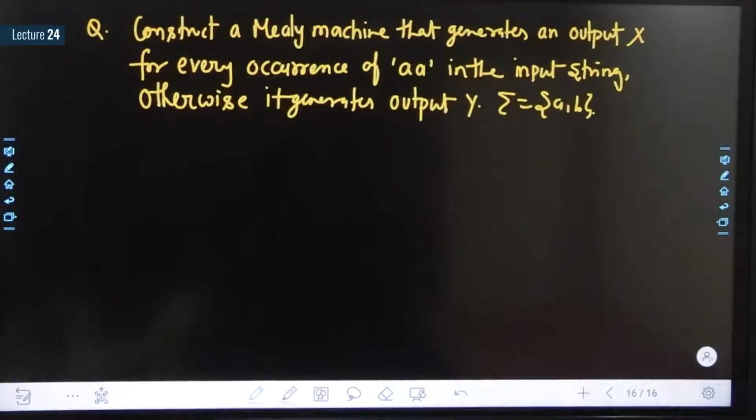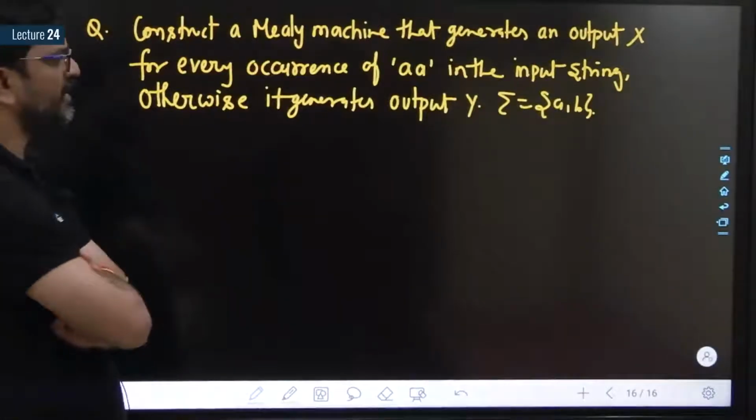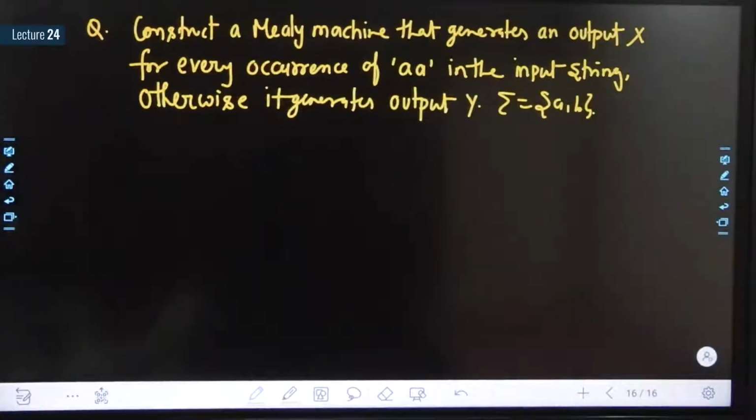Yes, have you done this? Please check. Construct a Mealy machine that generates an output X for every occurrence of AA in the input string.